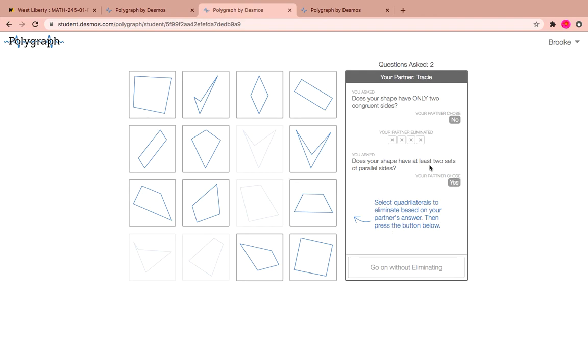So we see that our partner up here said yes. So we are going to then eliminate all of the ones that have less than 2 parallel sides. You go through, see this has 4, at least 2, at least.